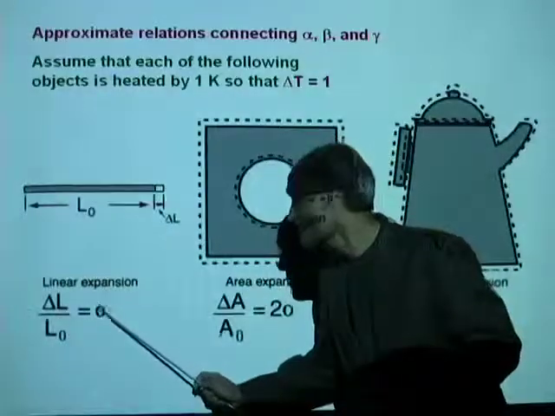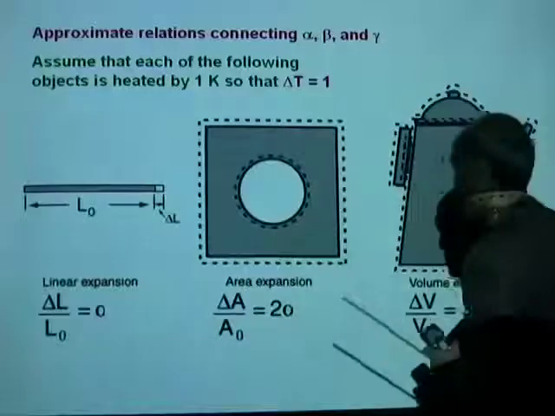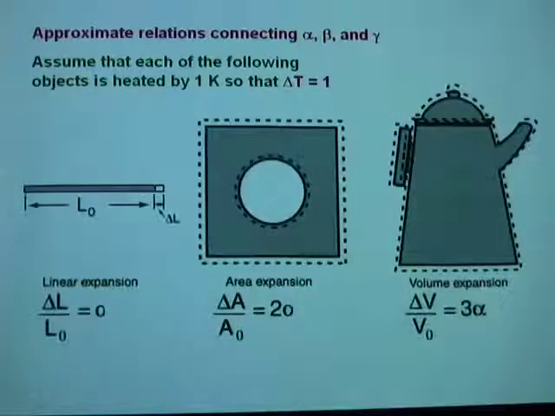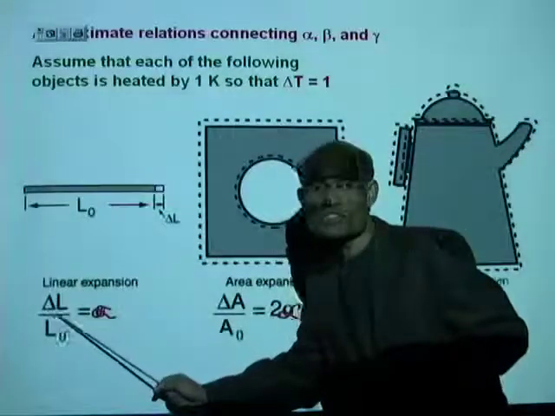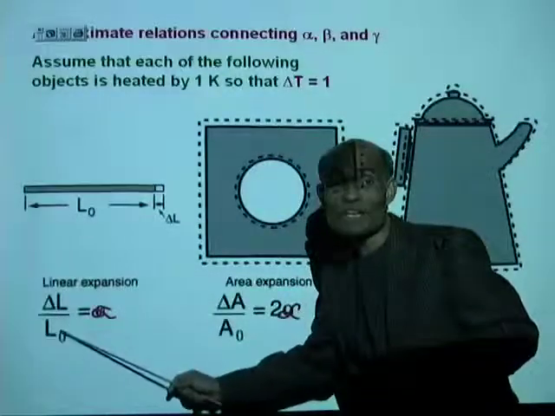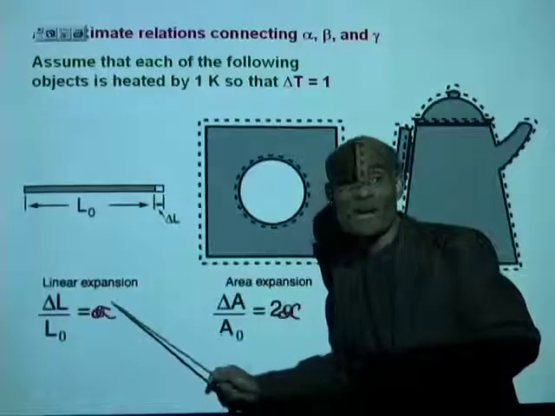So if each of these is heated by 1 Kelvin, the increase in length per unit length will be alpha. Now, this is supposed to be alpha there. So let's say this is alpha. This is 2 alpha. So, when each of these is heated by 1 Kelvin, the increase in length per unit length will then be alpha.